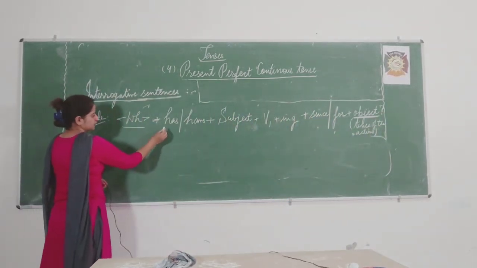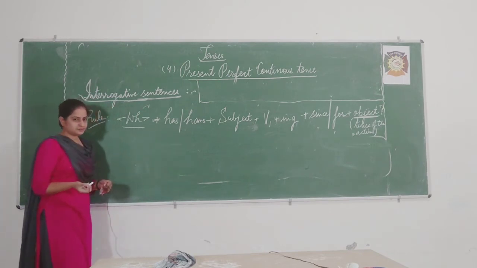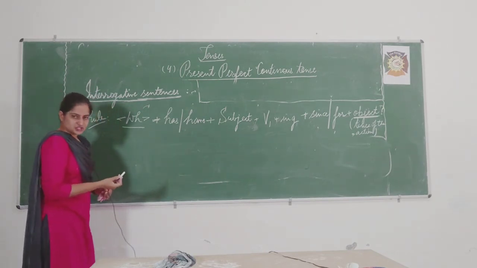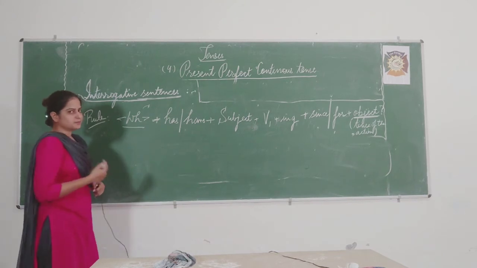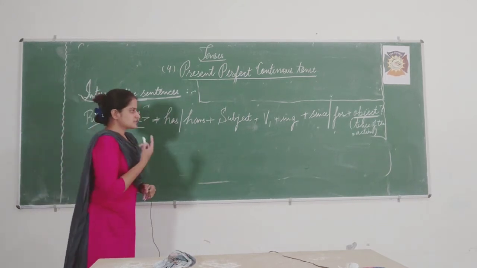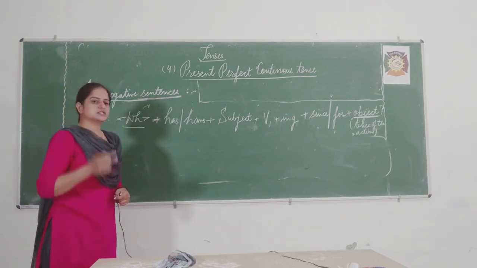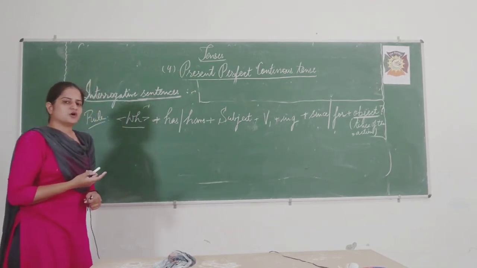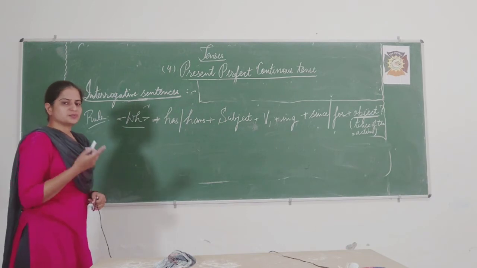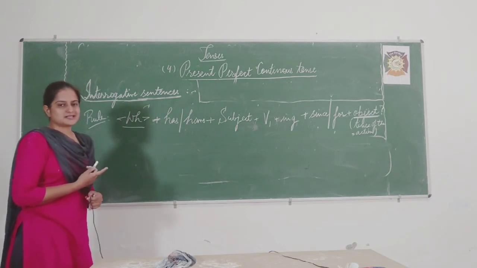WH family words, has, have, helping verb, then comes the subject, verb's first form, ing with that, since or for, then object, and the object should always include the time of the action that is being described in that particular sentence.